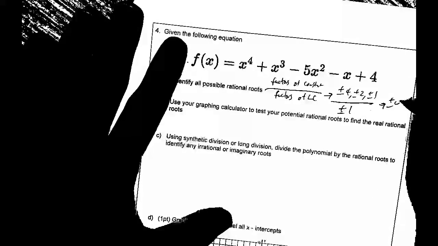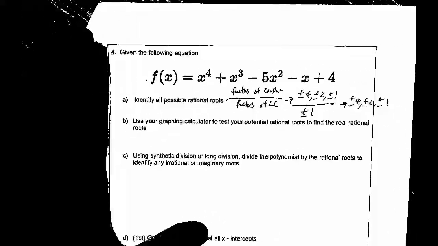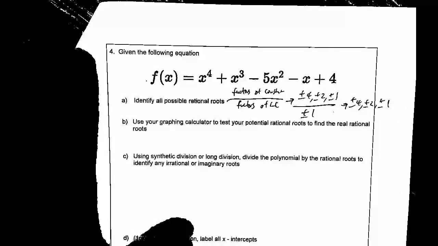So that's plus or minus 4, plus or minus 2, and plus or minus 1. Then we would use the graphing calculator. Let's do it here. We'll do x to the 4th plus x to the 3rd. My bad.